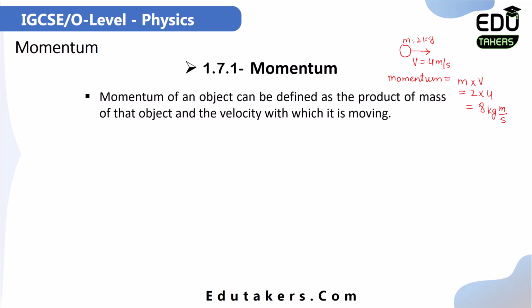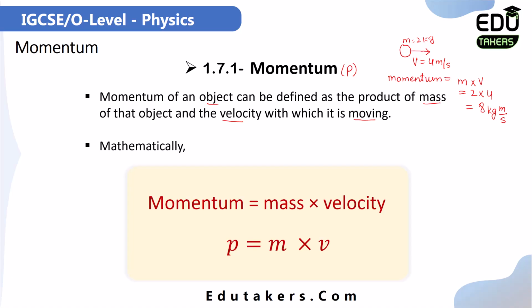The momentum is represented by the symbol P. The momentum of an object can be defined as the product of mass of that body and the velocity with which the body is moving.